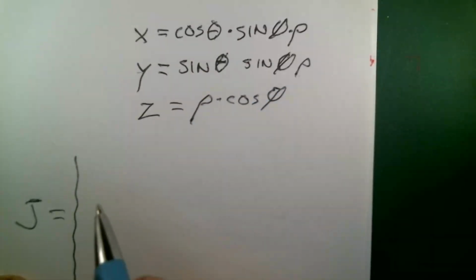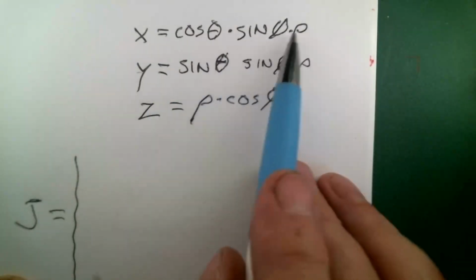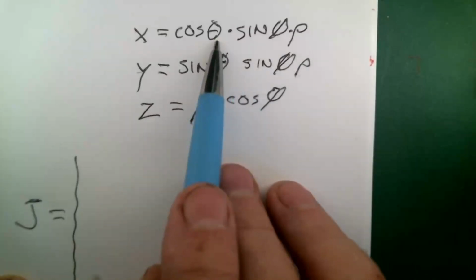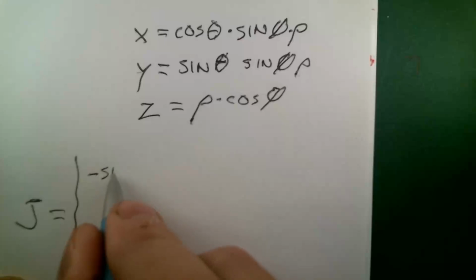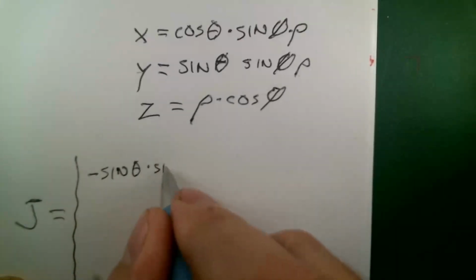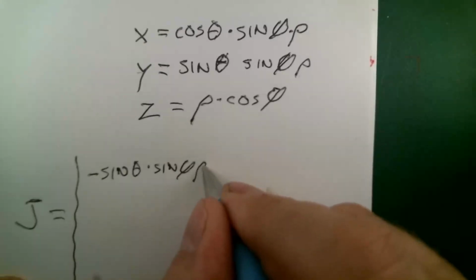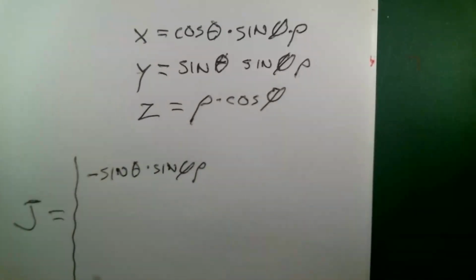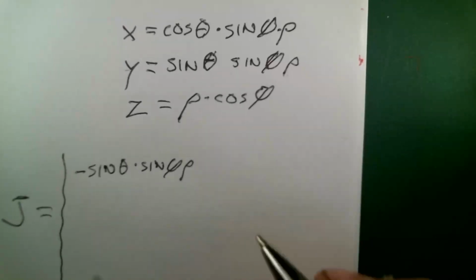So for theta's partial of this, you think of the other things as constants, and cosine turns into minus sine. So we get minus sine theta times sine phi rho. Those constant things, or things that don't depend on theta, just come along. I'm guessing this is not going to fit on my sheet, but I'm going to do my best.